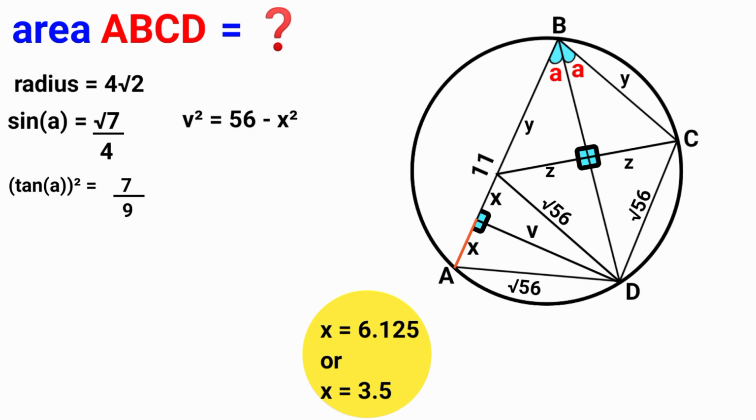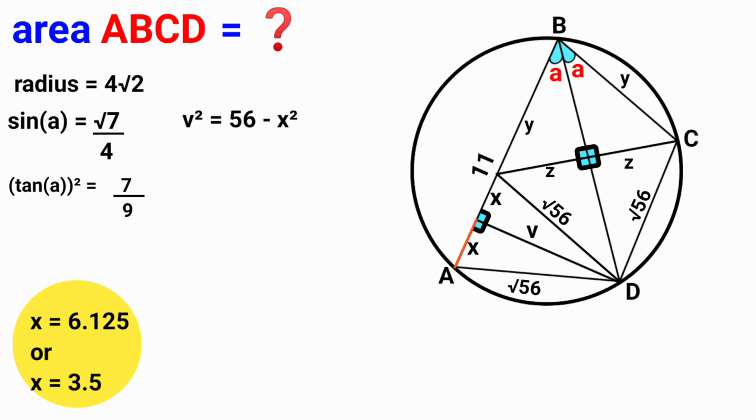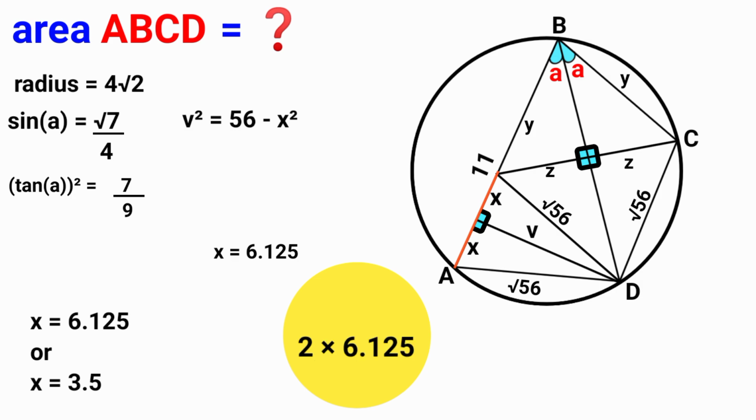Now which is the right value for x? 6.125 or 3.5? If we test for x equal to 6.125, looking at this segment, its length is the sum of this x and this x. So it is 2x. If x is 6.125, then it is 2 times 6.125, which is 12.25.